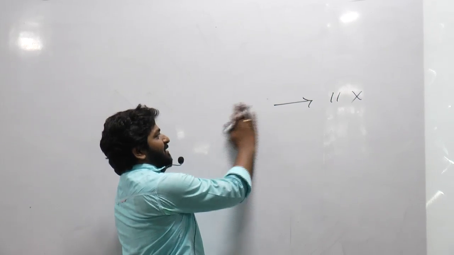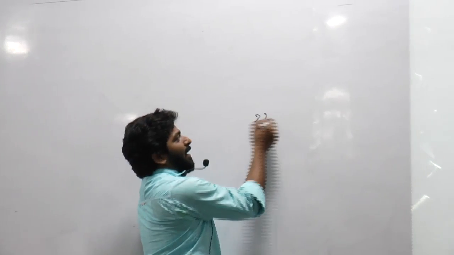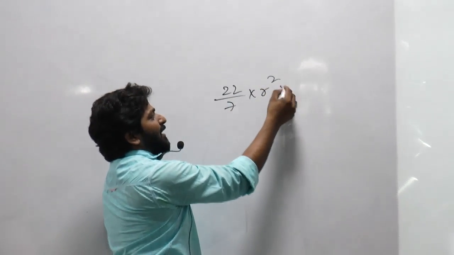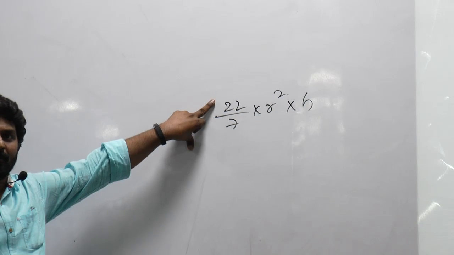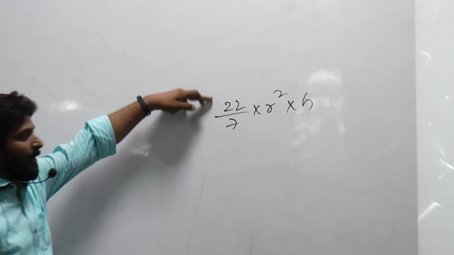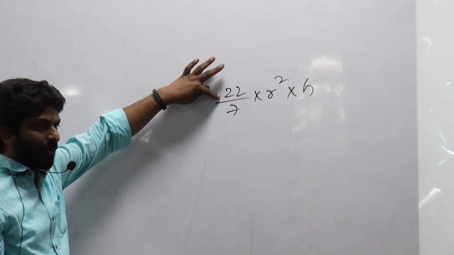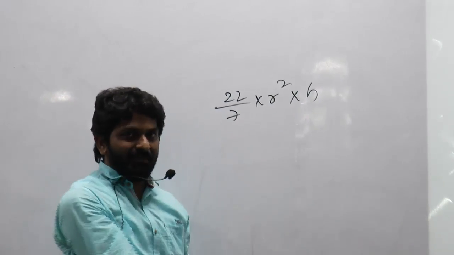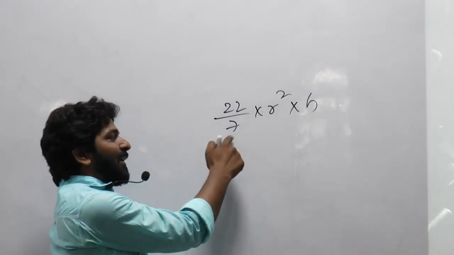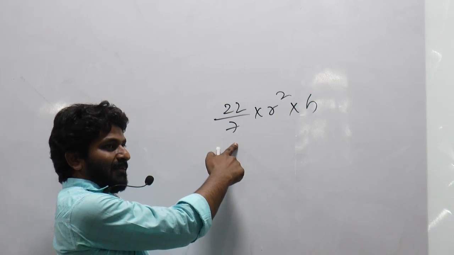Pi in the sense, using pi r square h. Can you cancel 22 here? Is there any possibility to cancel 27? No. So the r value or h value may be a multiple of 7. You can definitely cancel 7. Chances are there.